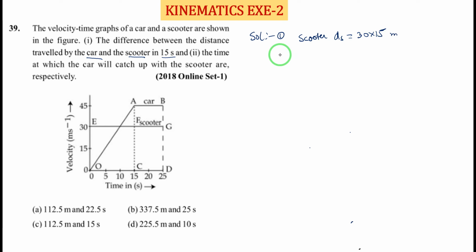Similarly for car we will be taking a triangle. So distance of car is half into height 45 into base 15 second, right? So what is the distance traveled? It will be d scooter minus d car, and that is coming.